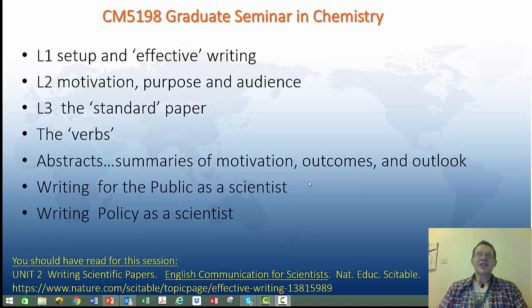So this is the extreme audience that you might have to write for. You'll normally be writing for scientists, but the public are not scientists. And writing policy as a scientist, not sure if we'll get there, but in the sense it may dilute the other material beforehand. You need to have read Unit 2 again for this session, or for this lecturette.